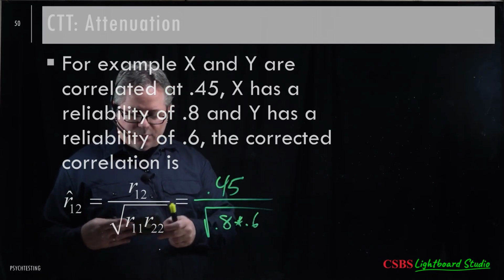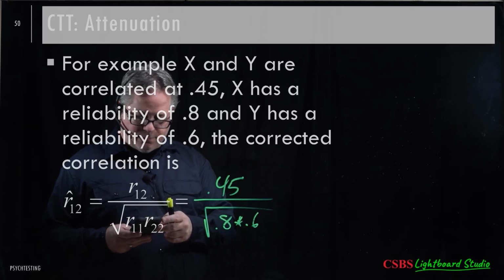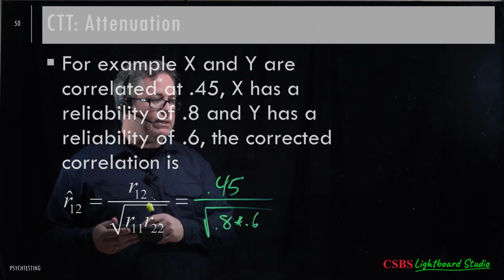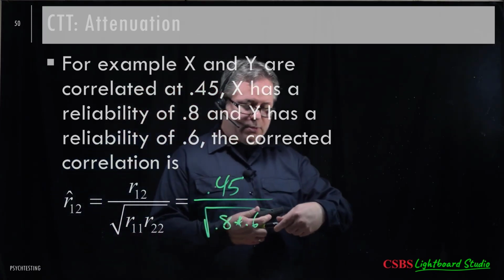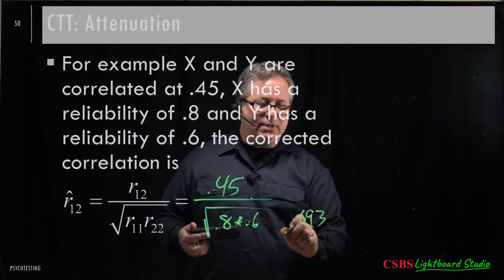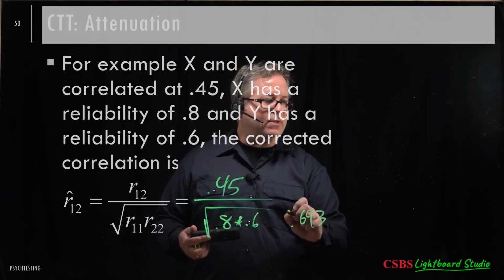Now if I take the square root of that, I get 0.693. So this now represents the maximum possible correlation these two variables can have given those reliabilities. It's nowhere near 1.